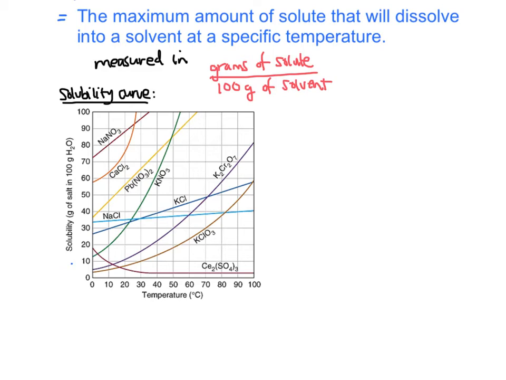So if I wanted to know the solubility of potassium chloride at 60 degrees Celsius, then all I'd have to do is follow 60 degrees Celsius up to the potassium chloride line, and then follow the line over to the y-axis, and it would show me that at 60 degrees Celsius I could dissolve about 45, so we're right about here, grams of potassium chloride for every 100 grams of water.